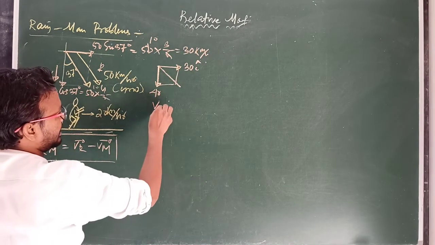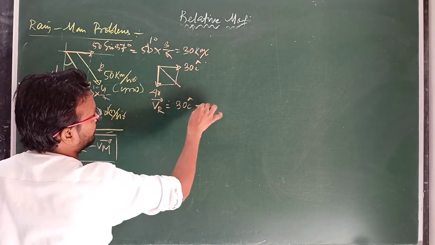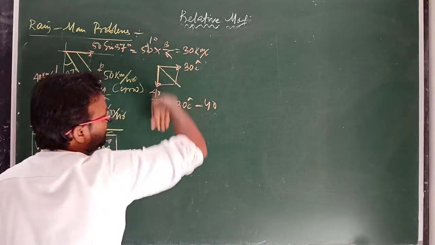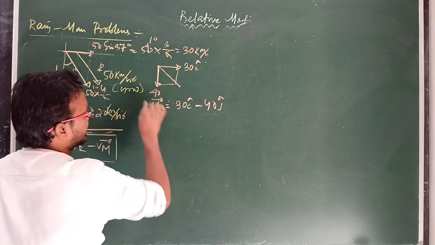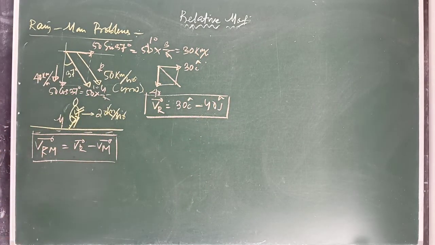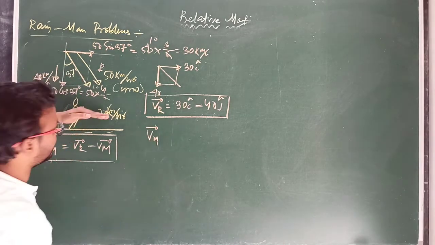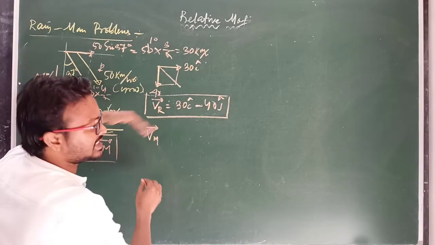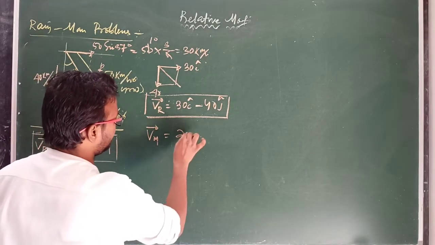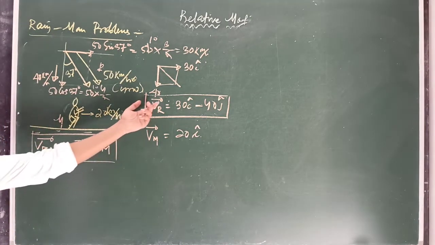So the velocity of rain we can write as 30 i cap minus 40 j cap in vector form. Clear? So first we write Vr, then find Vm. The velocity of man, because the man is moving in this direction, suppose this is the x-axis, we can write 20 i cap. Clear? Now use this value here.